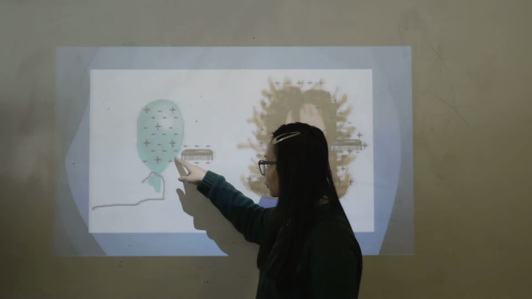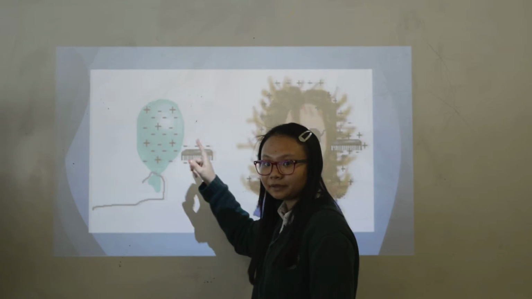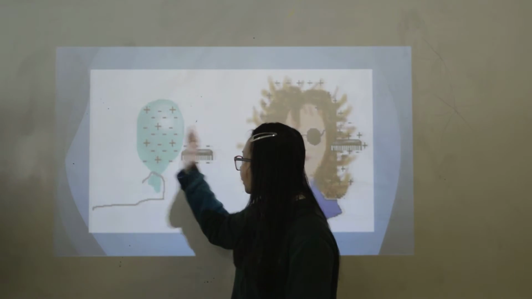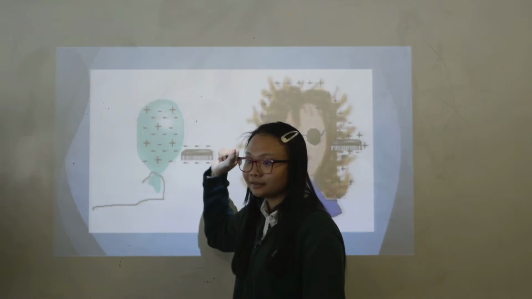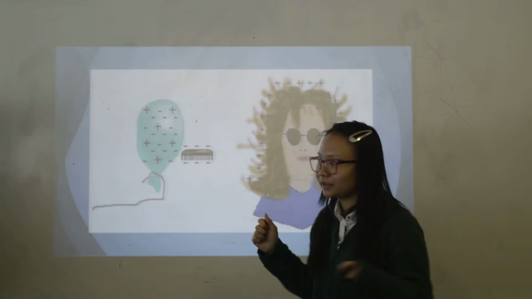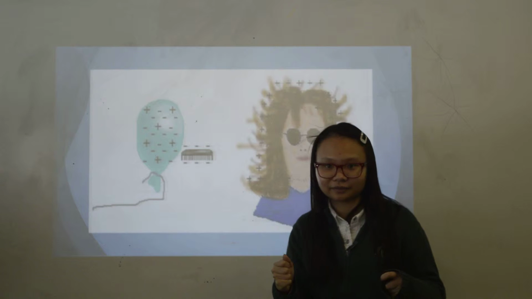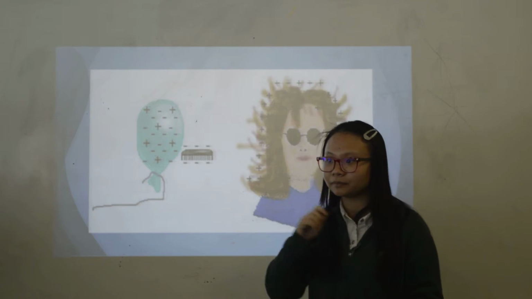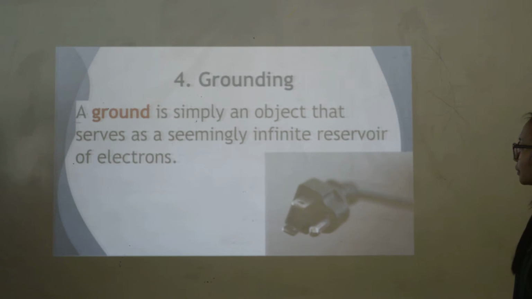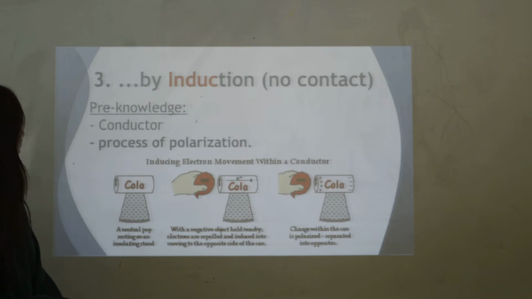Actually, it's the negative electrons here that are being pulled away, because they have the same property as the negative brush, so they are pushed away from the brush. So here is negative, and that's why there is positive charge. It's not that they are gaining any positive charge. It's just that their negative charge is being removed.